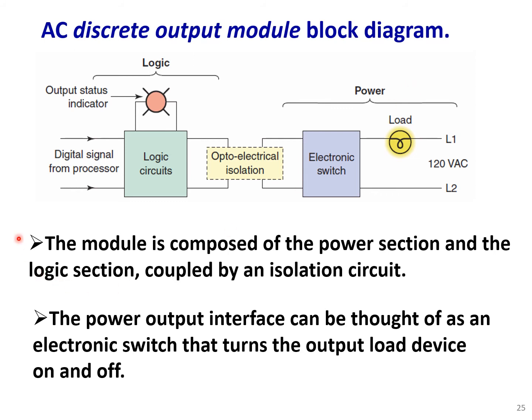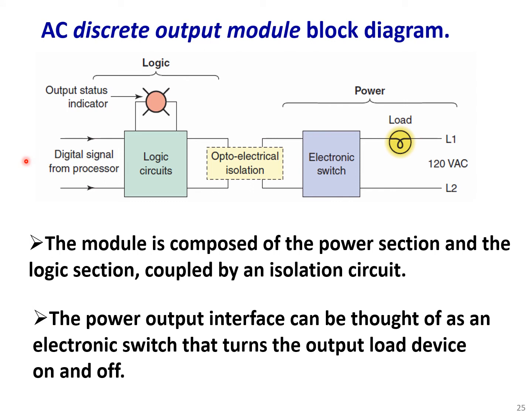The module is composed of the power section and the logic section, coupled by an isolation circuit. The power output interface can be thought of as an electronic switch that turns the output load device on and off.